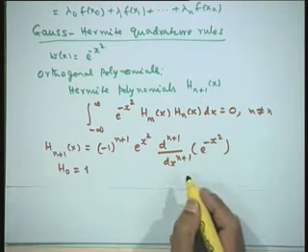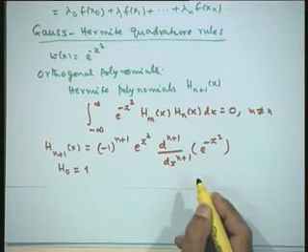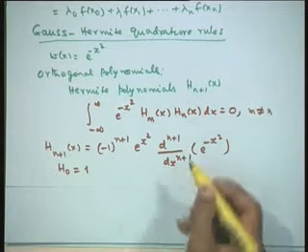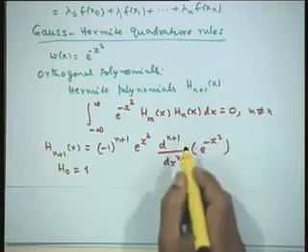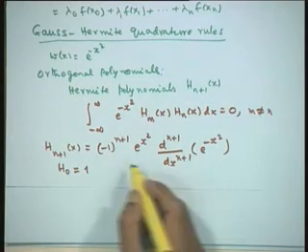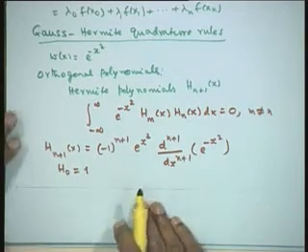This is again similar to the Rodrigues formula for the Legendre polynomials, which is also similar for the Laguerre polynomials. So, all the Hermite polynomials can be generated just using this particular formula. Let us take few of these and then construct our quadrature rules.